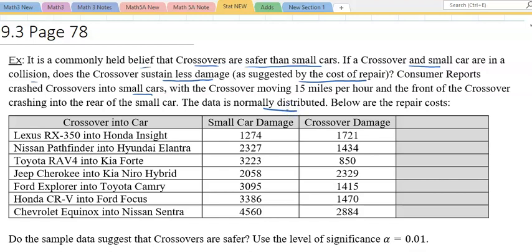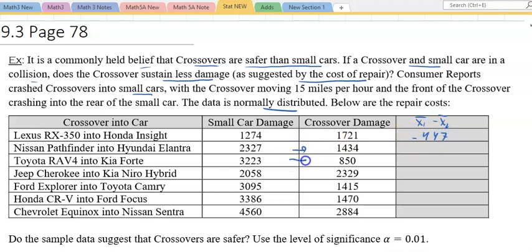So we're trying to see if the cost is going to be less. So Lexus RX 350 into Honda Insight. The small car damage, the Honda, was $1,274. The crossover was $1,721. So if I take the difference of those, this would be negative 447.